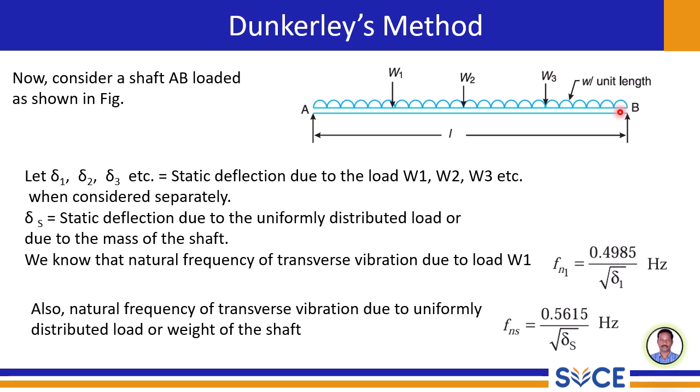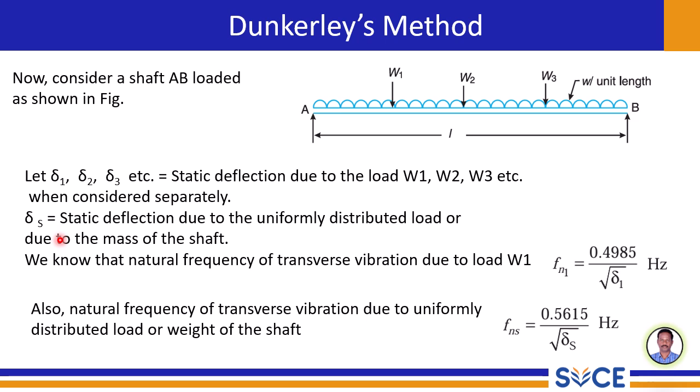Let's denote the static deflection due to the load W1 as del 1, W2 as del 2, W3 as del 3, and the static deflection due to the uniformly distributed load will be calculated in terms of del suffix s.